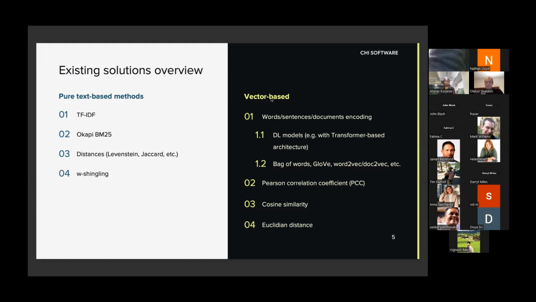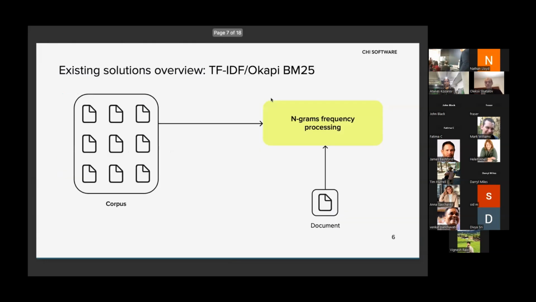For the vector-based, we have DL models involved. For some solutions, bag of words, the Pearson correlation coefficient, different similarity distance measures, and so on. Those are the main solutions that we already have.